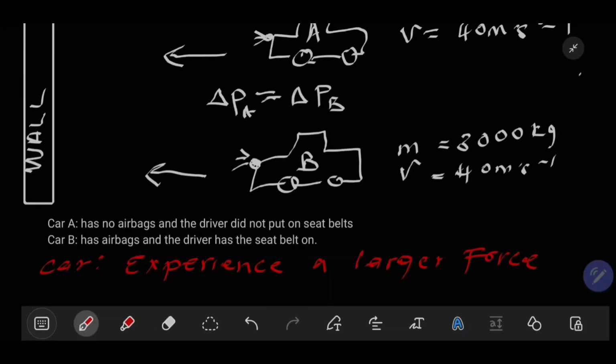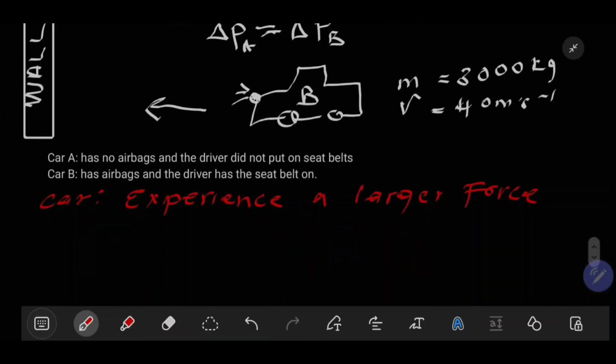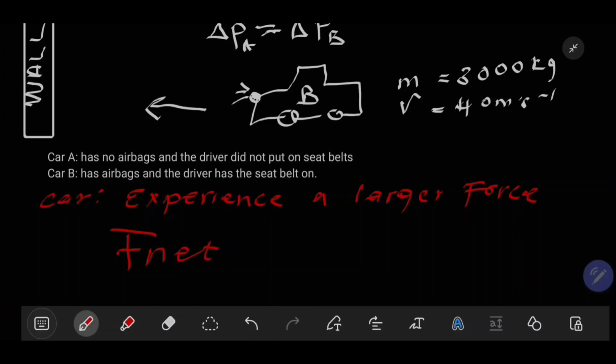So the time taken for the velocity to be zero is a lot longer compared to the driver in car A. So what the formula is trying to tell us is that Fnet is equal to change in p over change in time.